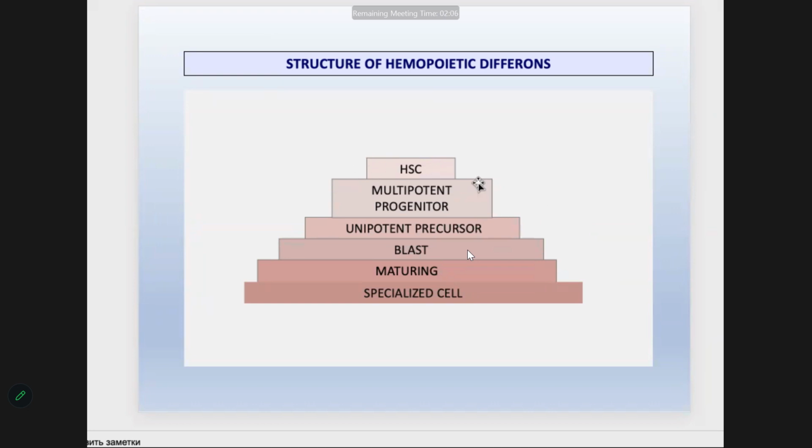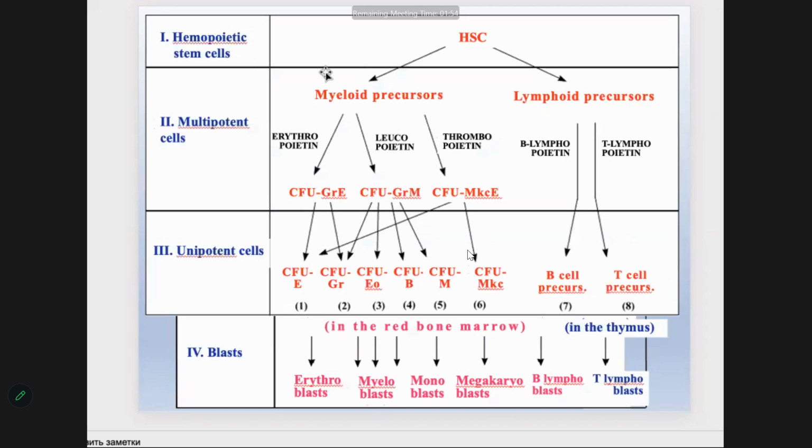The second stage of differentiation and second class is named multipotential progenitor. Multipotential progenitors are subdivided into the precursors of myeloid cells and precursors of lymphoid cells.